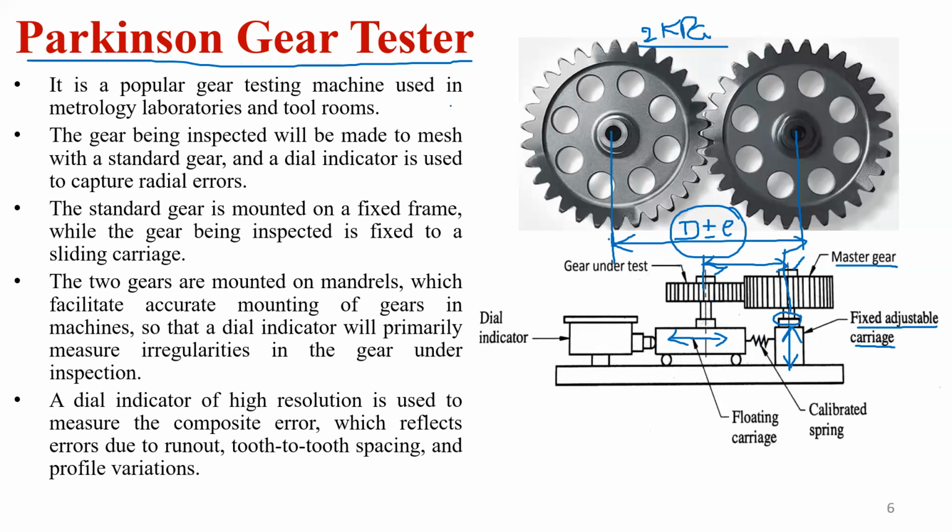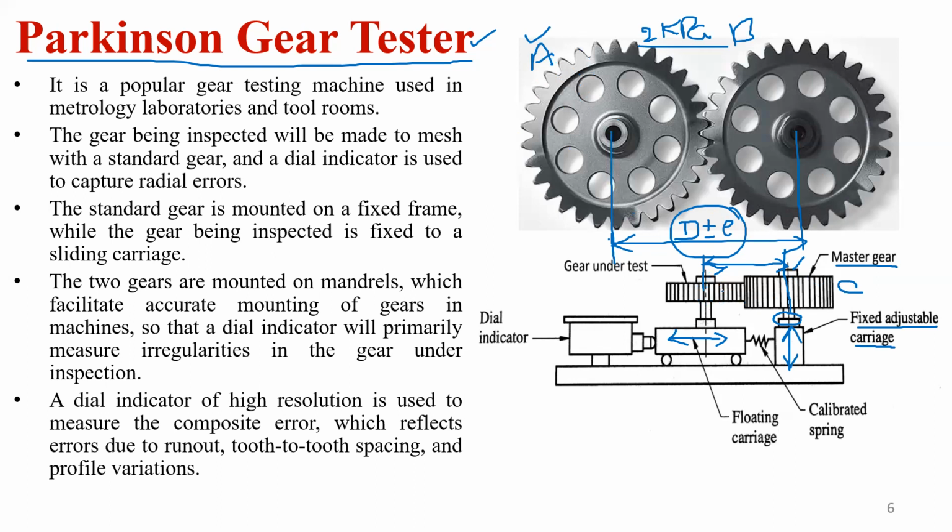So how do we conduct the gear test? Let us say this is gear A, this is gear B, and the master gear is C. Now we will pick up one gear, gear A, and first set the actual distance between the master gear and gear A using the slip gauges.